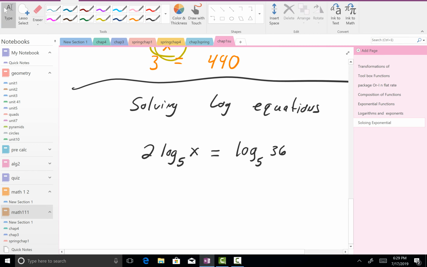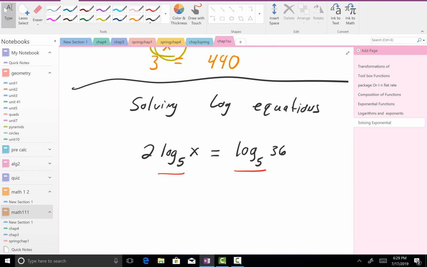All right, so here we have a logarithmic equation we've got to solve for x. Notice that the bases are the same. That's always a good thing. We like that.